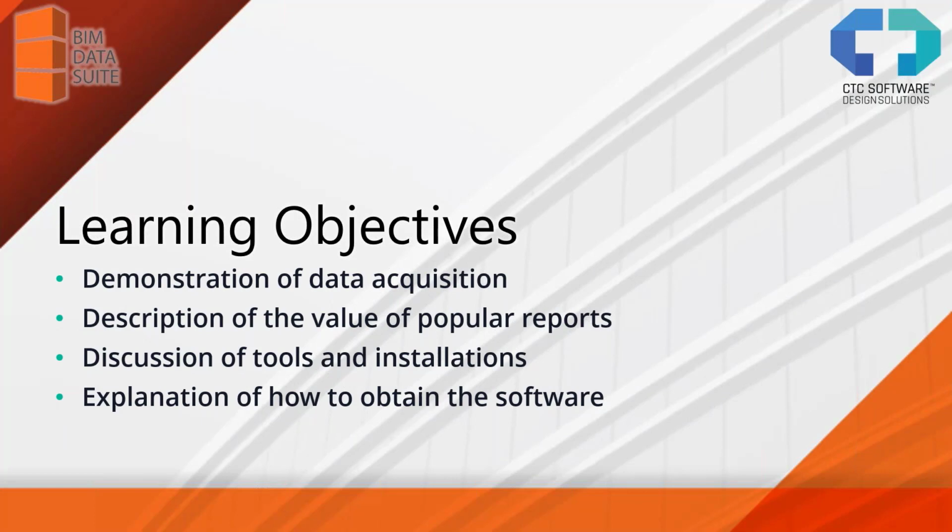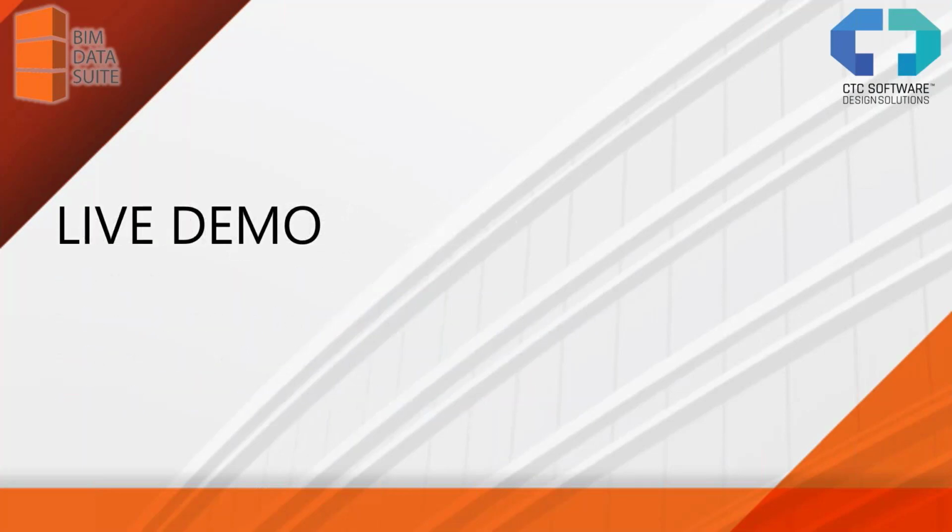There are a couple of different ways to go about doing it, and I'll show you some examples of the data that we've retrieved in the Power BI reporting that we are providing along with it. A little bit about the setup and how to get things going on your end, and then where everything is, where to get your hands on it, and all that good stuff.